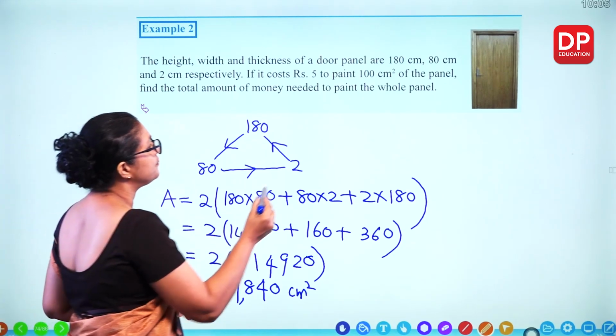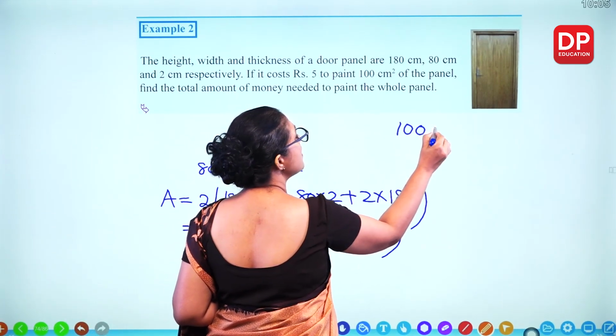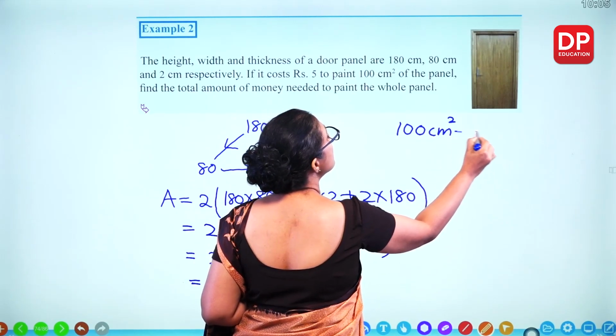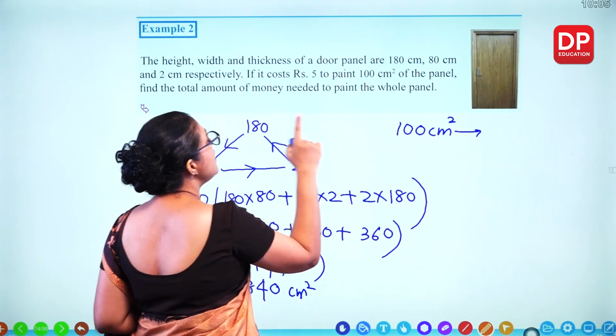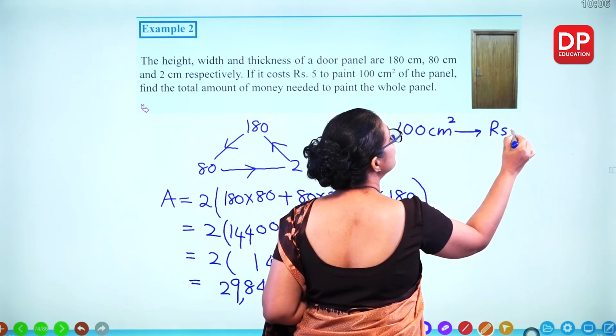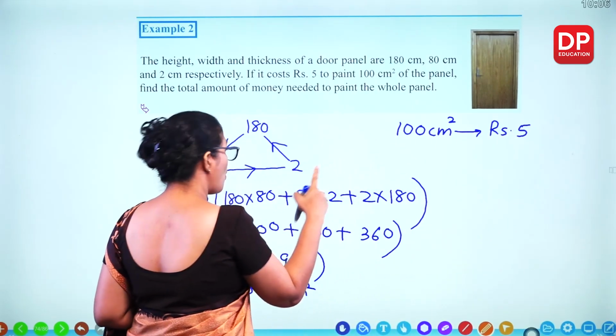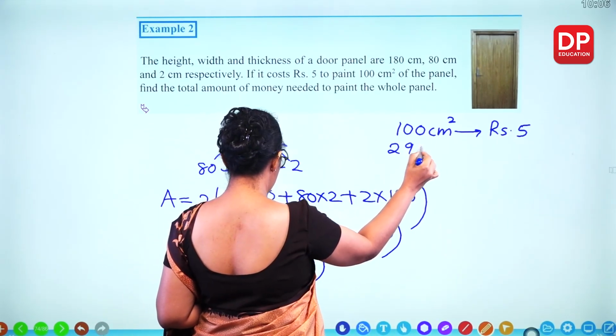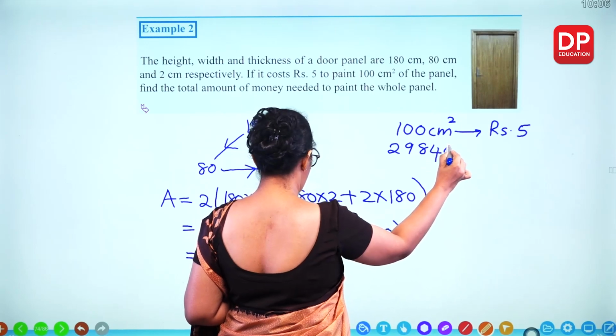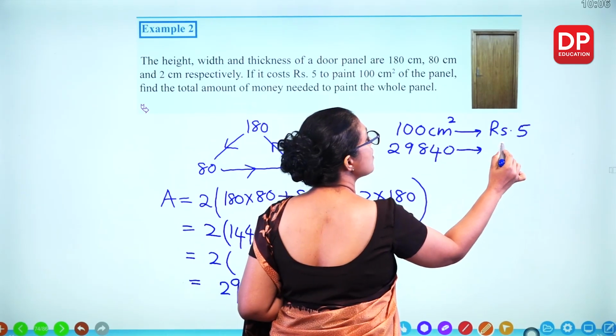We know that to paint 100 square centimeter area, we need 5 rupees. So the total area is 29,840. So what's the cost?